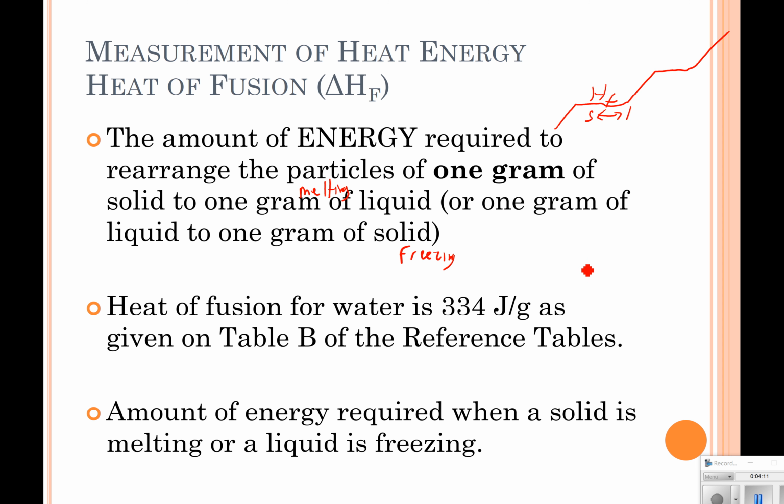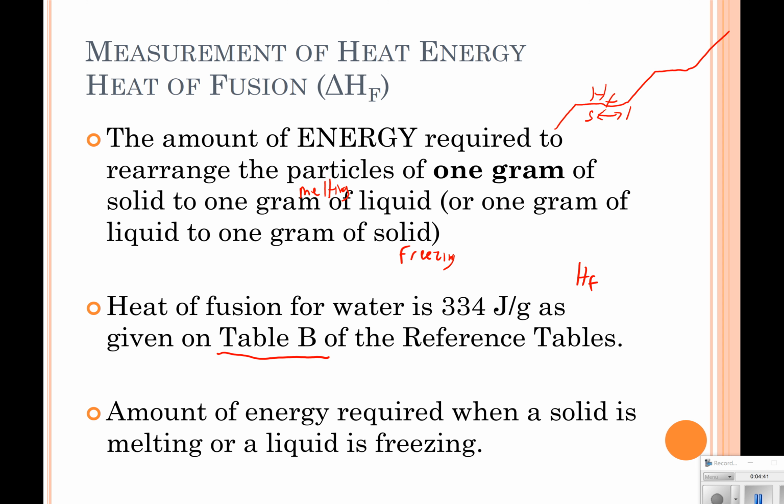Now this value for the heat of fusion, abbreviated capital H sub F, the value is 334 joules per gram. You find that on table B on the front page of your reference table. And that's how much energy is required when a solid, in this case water, that's the value for water, is melting or liquid is freezing.